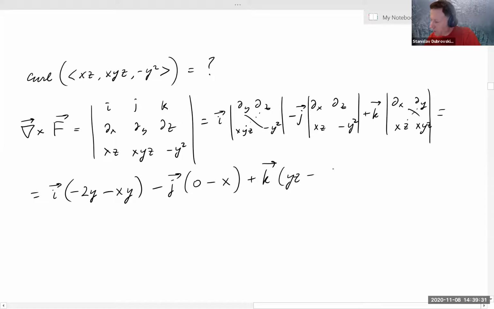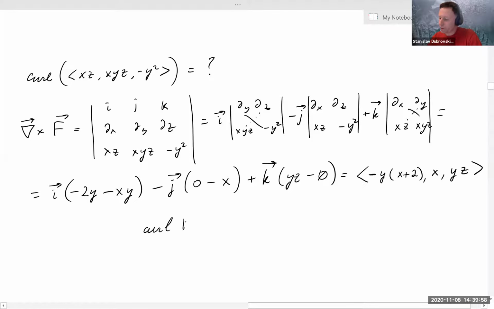With respect to y, nothing. So the components of the curl will be: minus y can be taken out, so we'll have x plus 2 for the first component. For the second component, we just have x, and for the third one, yz. And that's the curl of F.